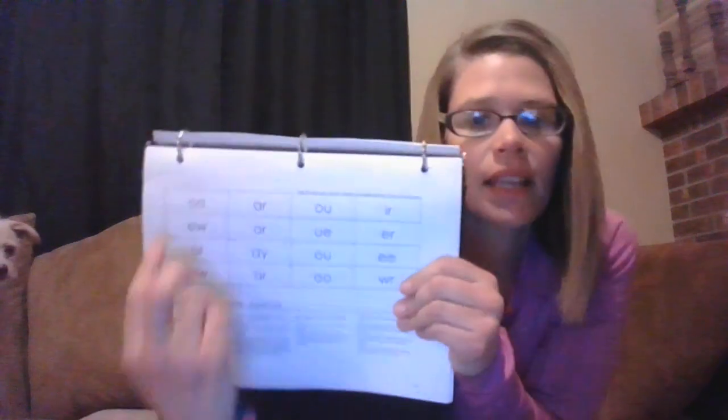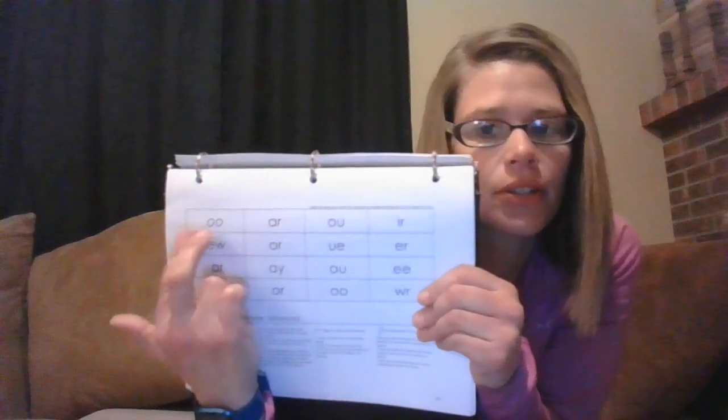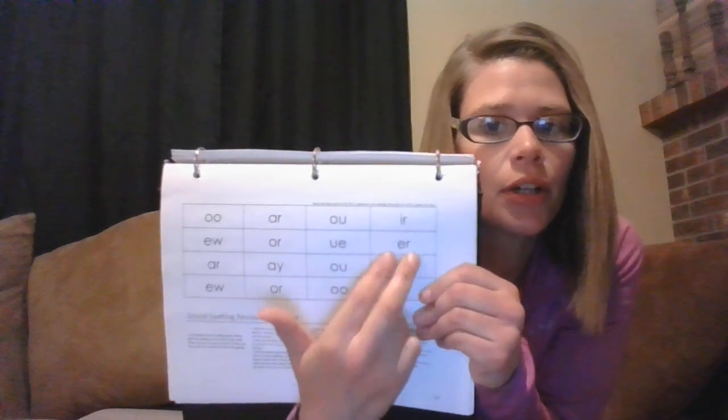Okay, on the next page, you're going to see all of your sounds. I'm going to do the row first, and then you are going to copy me. Sound oo, your turn. Okay, ooh, your turn.